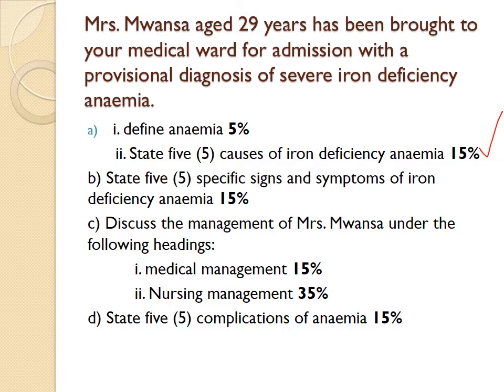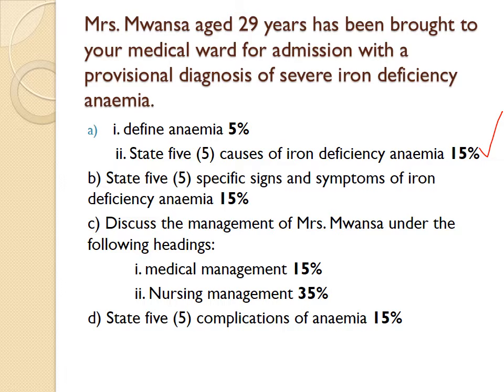The most common causes of iron deficiency anemia include chronic hemorrhage. This chronic hemorrhage can be due to peptic ulcers, hemorrhoids, hookworms, carcinomas of the rectum, the colon, and the stomach.